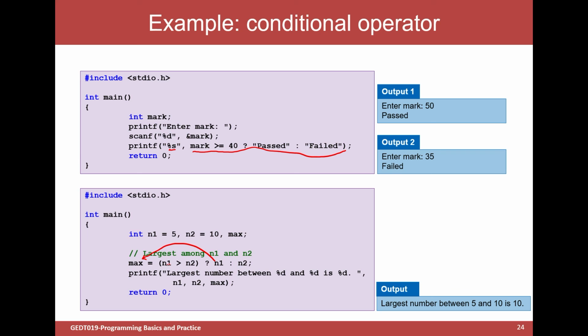Else, if this is not true, that means max equals number 2. And then here I would say the largest number between number 1 and number 2 is the max. For example, the largest number between 5 and 10 equals 10. This is to find the max. So this one here is an if statement, and this one here is an if statement, but using the conditional operator.